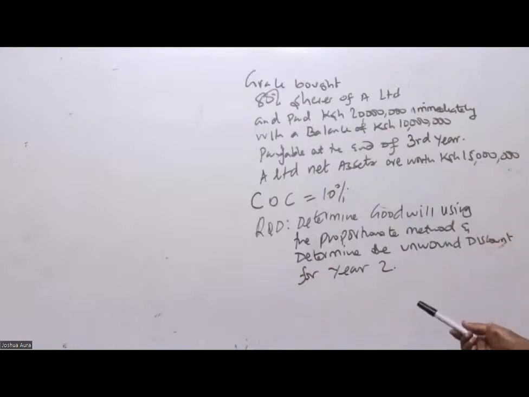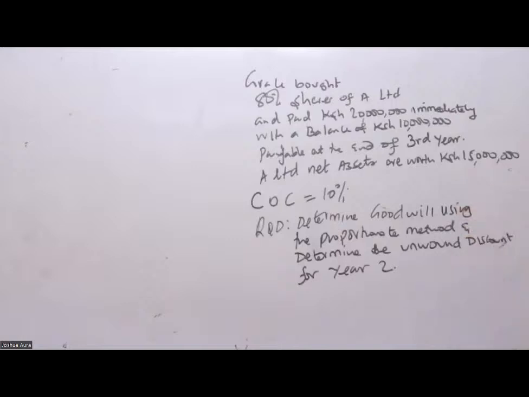So we have here Grace bought 80% shares of A Limited, and they paid 20 million immediately, with a balance of Kenya shillings 10 million payable at the end of the 3rd year. So we have what we call deferred consideration. Deferred consideration is normally found in advanced financial reporting, not in the lower financial reporting. So this is your level.